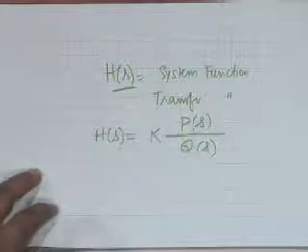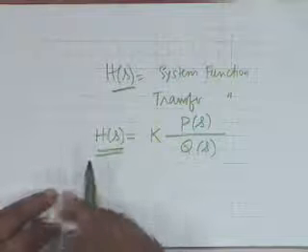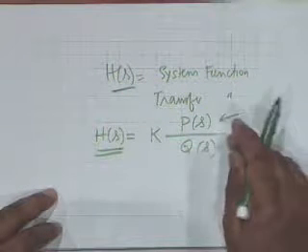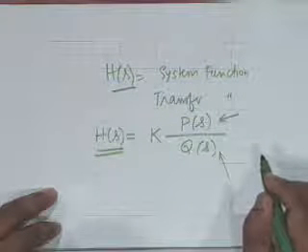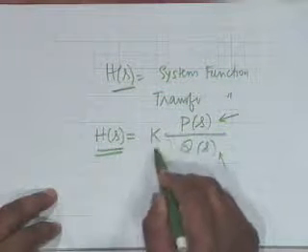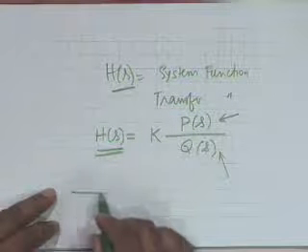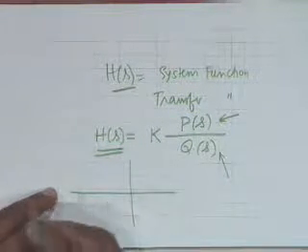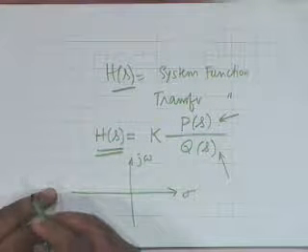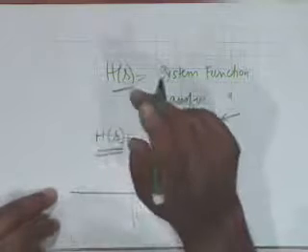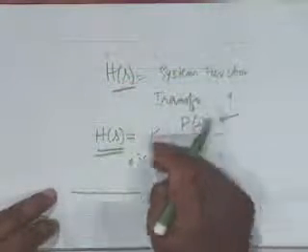In case H of s is rational, obviously H of s is completely characterized by its zeros, that is the zeros of P of s, by its poles, which are the zeros of Q of s, and the multiplicative constant K. In other words, all that we need is a pole zero sketch in the complex s plane, and in addition we want just one spot value of H.